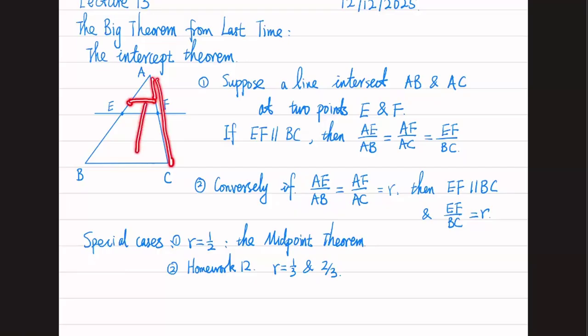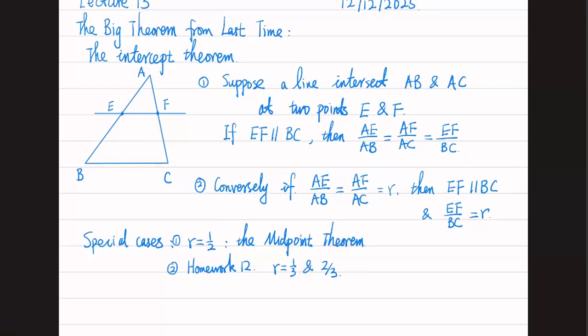And EF is 1/3 of BC. Also, you checked if this is 2/3, we draw a parallel line, then this is also 2/3 of AC. This will be 2/3 of BC. So that's what you had for the homework.